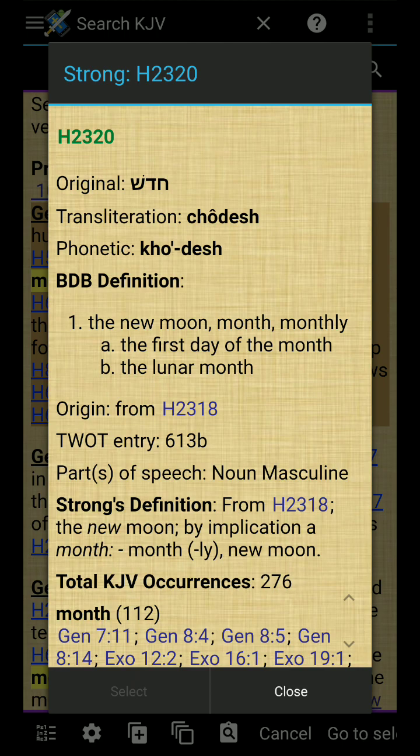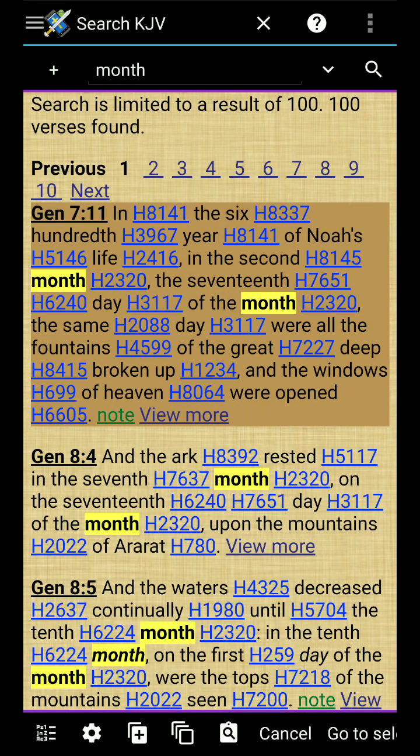So each time we see these words, a new moon, in the Bible, we need to check whether it says Chodesh, which is month, or Yarek, which is moon, because in Hebrew it's two different things.